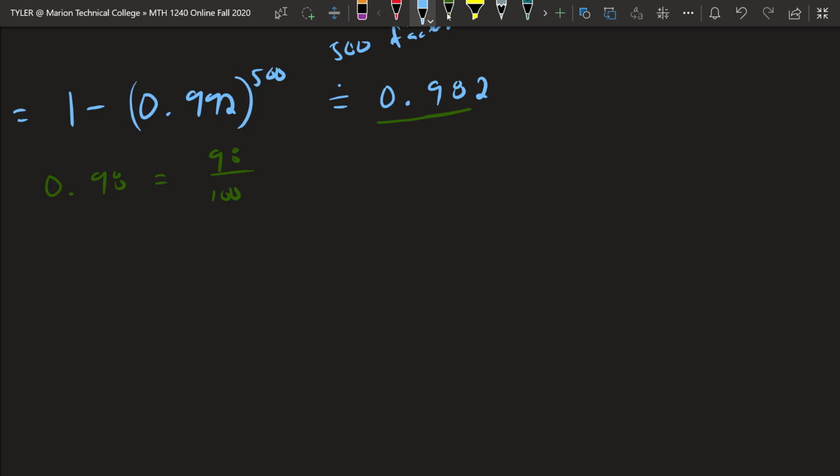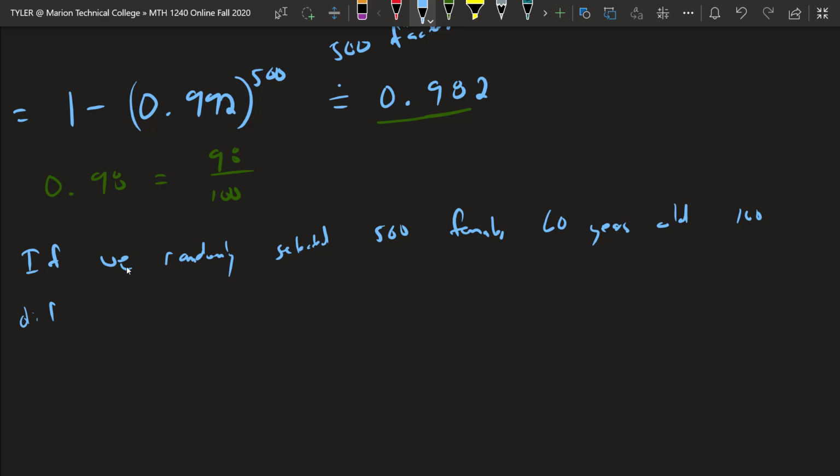So to interpret this, I could say, if we randomly selected 500 females, 60 years old, 100 different times, we would expect at least one to die in 98 of the samples.